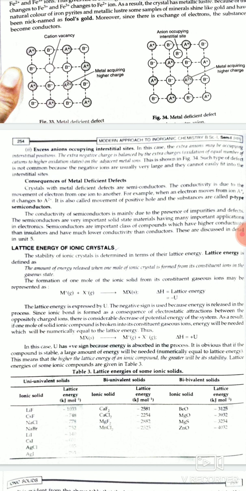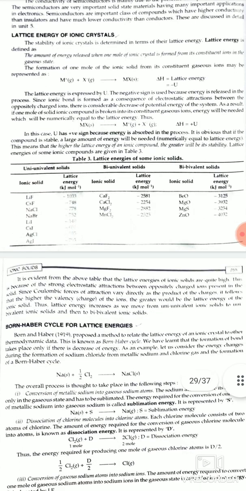Then NaCl minus 778, NaBr minus 752, LiI minus 140, CsI minus 601, AgCl minus 895, AgI minus 795, CaF2 minus 2581, CaCl2 minus 2254, MgF2 minus 2882, MnCl2 minus 2525, BeO minus 3125, MgO minus 3932, MgS minus 3254, and then zinc oxide minus 4032.